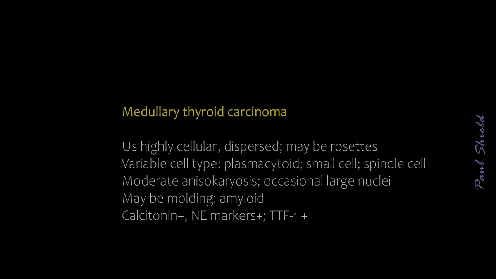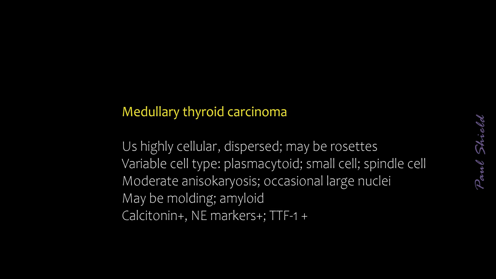So in summary, medullary thyroid carcinomas are usually highly cellular, with a mainly dispersed arrangement of cells, sometimes with loose groupings, and sometimes pseudo-rosettes are present. The cell type is highly variable. It may range from plasmacytoid to small cell type to spindle cell to even giant cells.